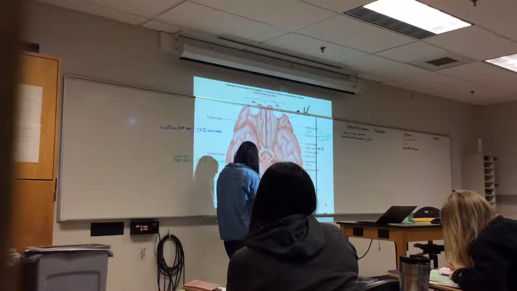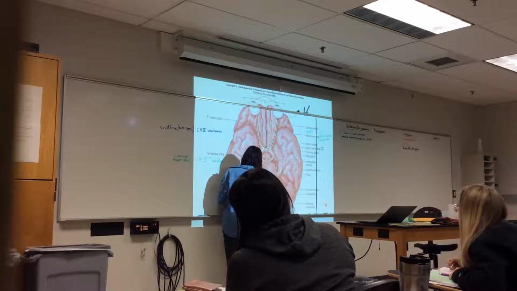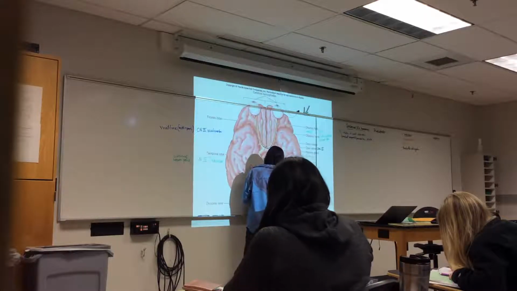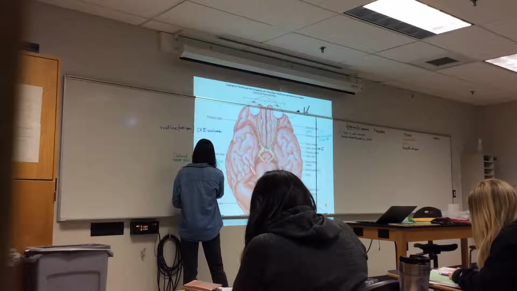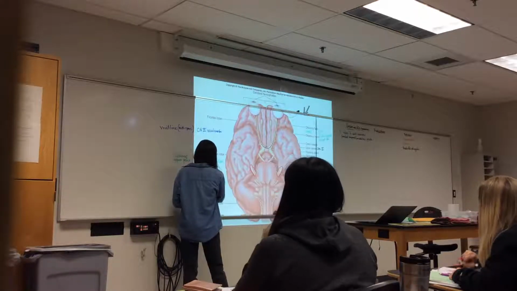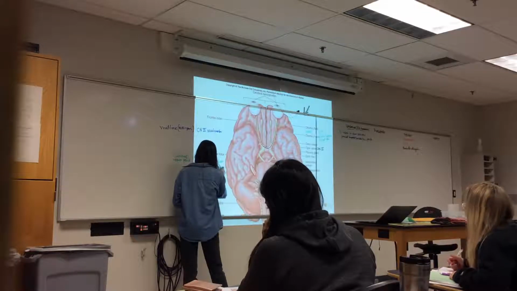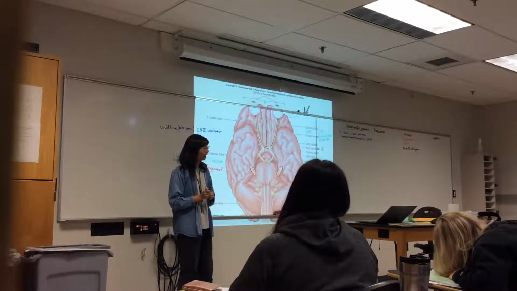And then 5. 5 is huge. Right here, all of this. That is CN5. Trigeminal. What does tri mean? 3.